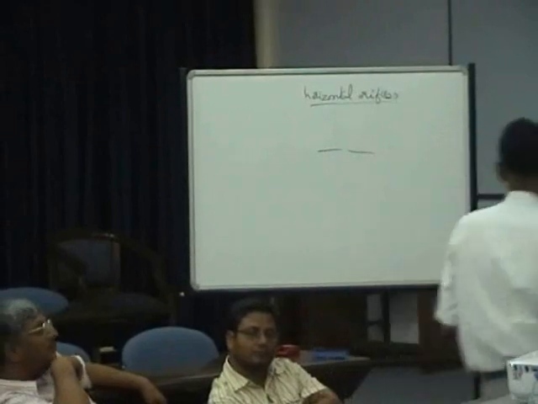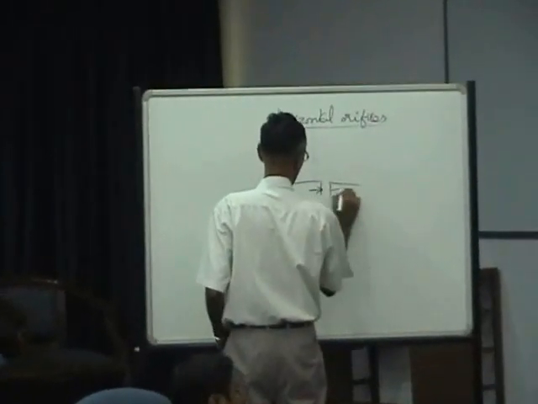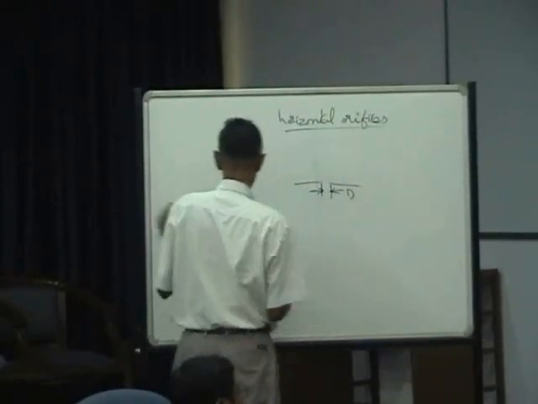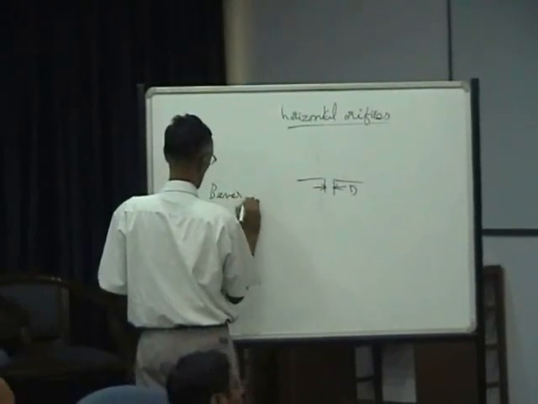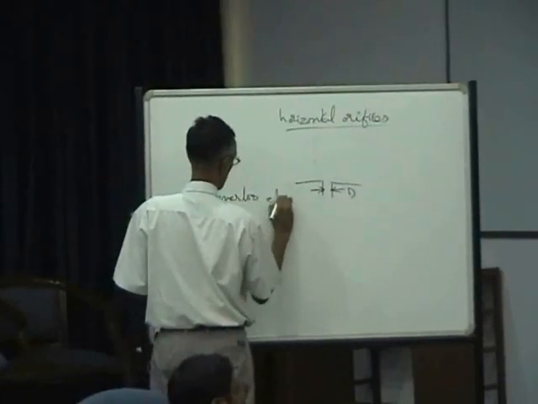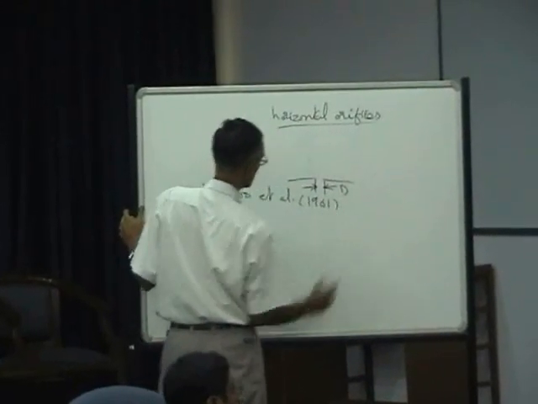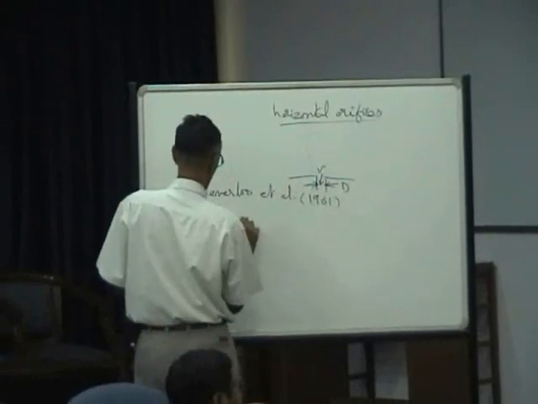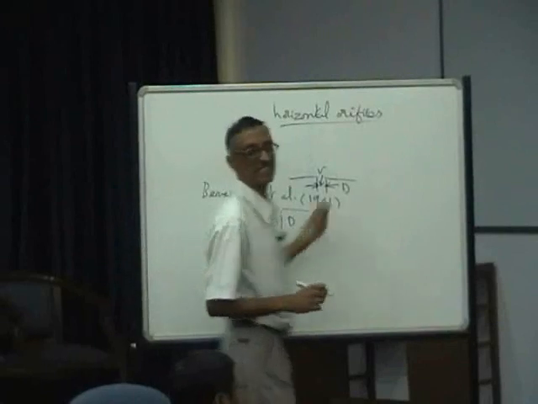We call this opening D. Let's say it's a circular opening. So there is a famous correlation by Beverloo and co-workers, 1961. You say that the velocity here scales as square root of gD, where g is acceleration due to gravity.